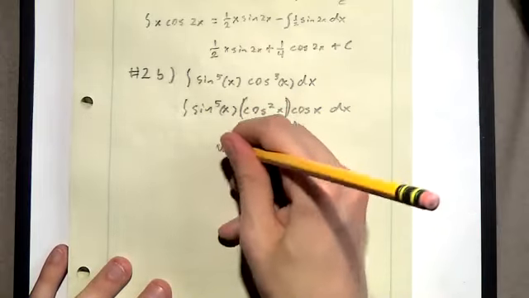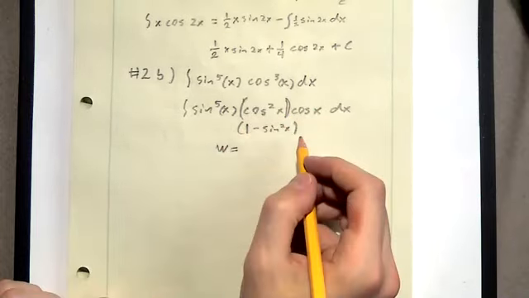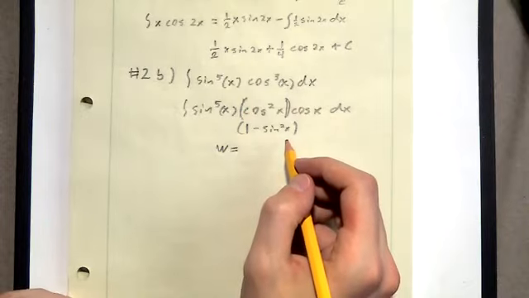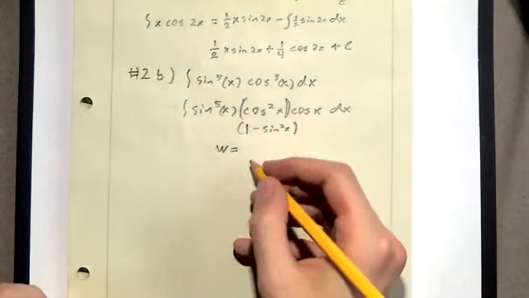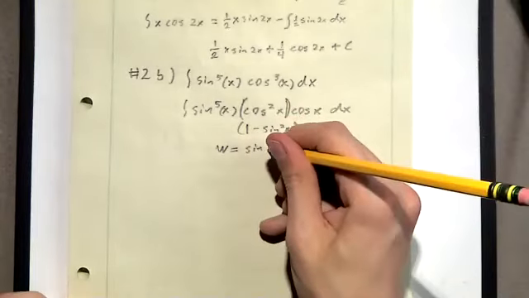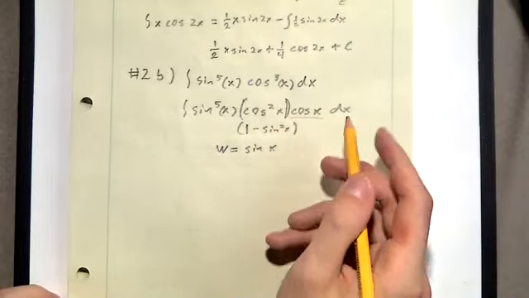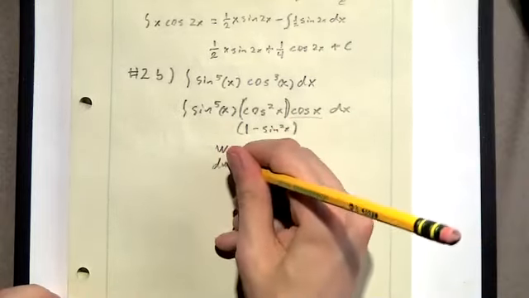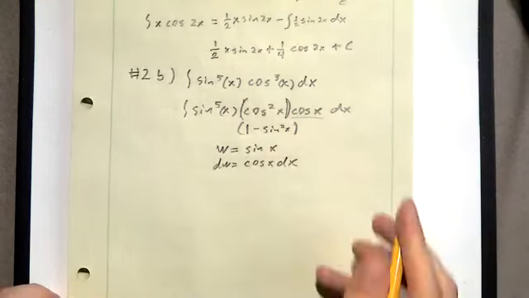Actually, let's just use W. I think W is what you use typically when it's not exactly U-substitution, but it kind of is. Still same idea. So we're going to say W is equal to sine of x. And then we have our derivative right here, because dW is going to equal cosine x dx.